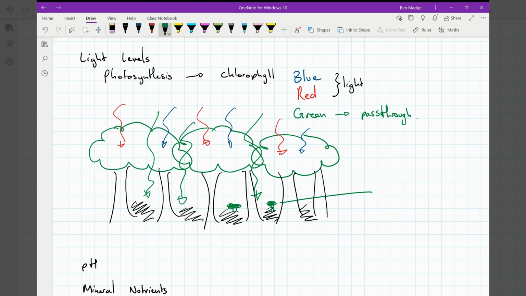So this additional pigment is called anthocyanins and carotenoids. So let's write those in and make sure I spell them right. Anthocyanins and carotenoids.